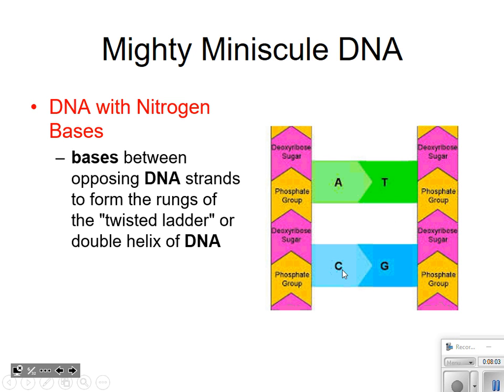C and G rung together. We'll talk about that also. And here we talked about alternating sugar and phosphate. So this represents the alternating sugar and phosphate groups of DNA, and the nitrogen bases are the rungs that go together of the staircase of DNA.